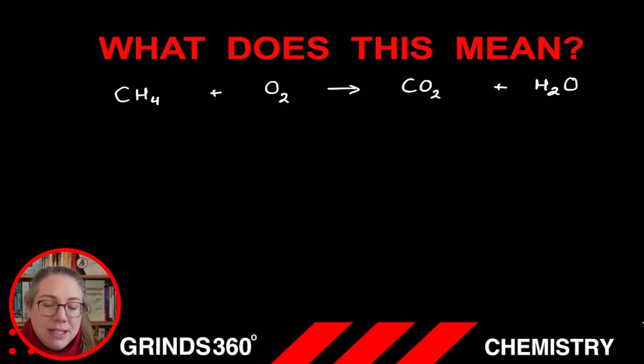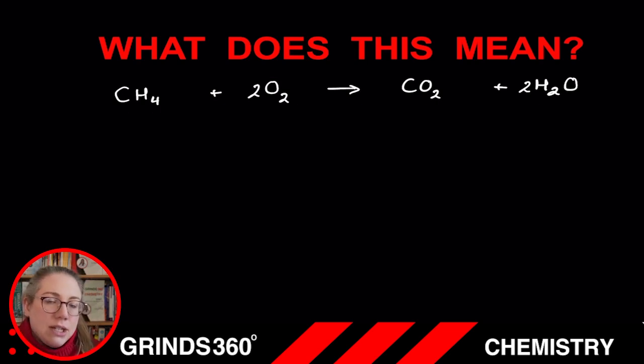If your oxygen is not in excess, it means you would form carbon monoxide instead, which is highly toxic and very dangerous. Now for this reaction, I'm going to put a 2 in front of the water, and a 2 in front of the oxygen to balance.